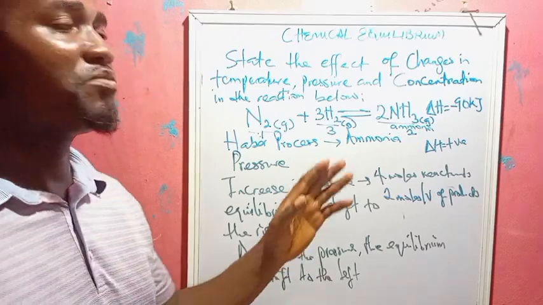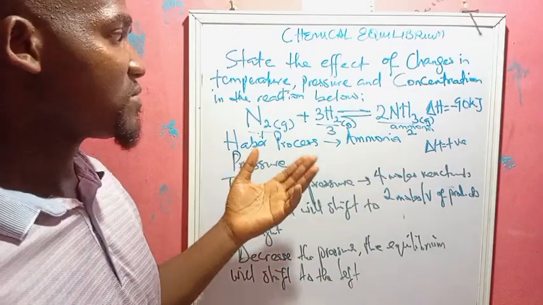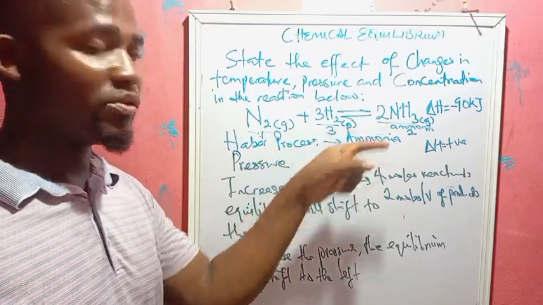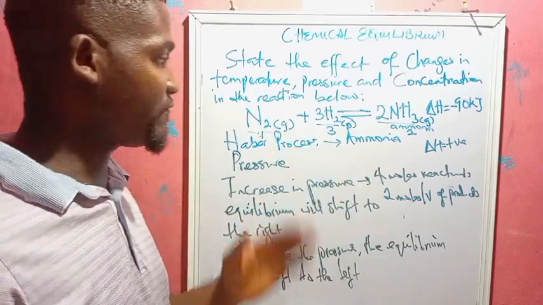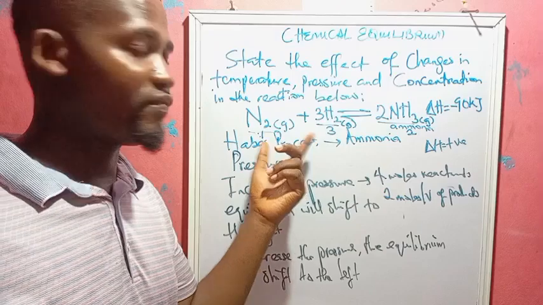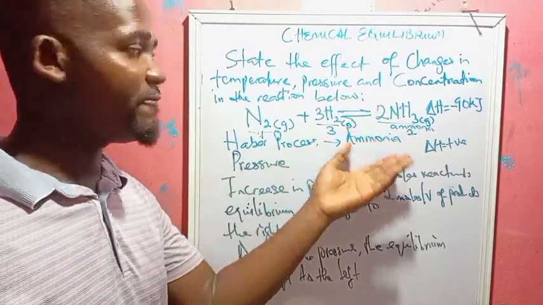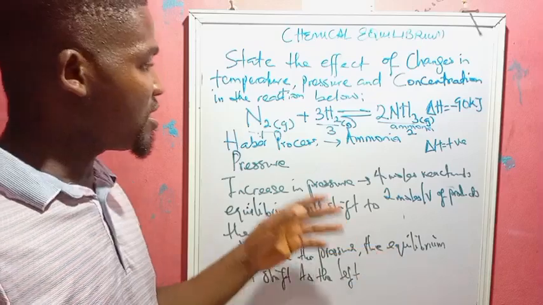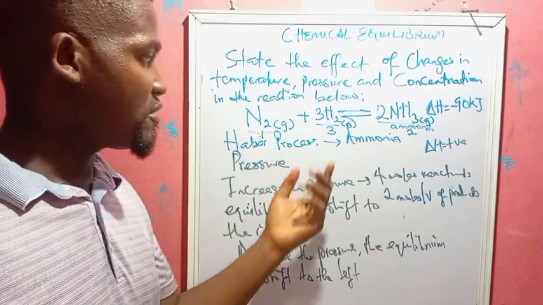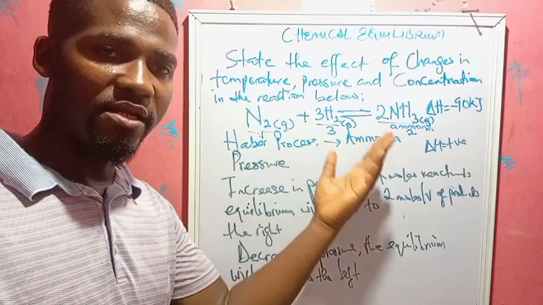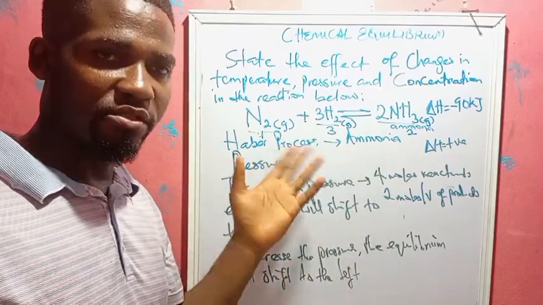Take note that in terms of concentration, once the concentration of reactants is increased, the products will also be increased. Therefore, if we increase the concentration of nitrogen and hydrogen, the equilibrium position will shift to the right to favor more product formation. And if we reduce the concentration, the equilibrium position will fall back. In other words, we'll have less product formed.